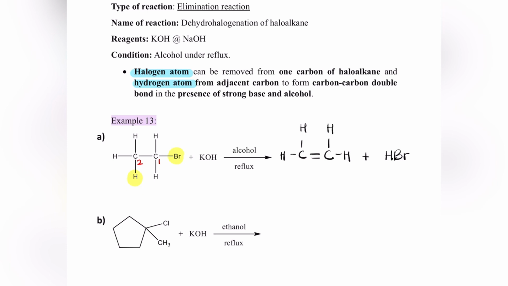And then next one, we have a cyclic form. If you realize, this halogen is located at this carbon, so let's say I give this one as first carbon, and then I give this one as second, third, fourth and fifth. If you take a look here, the carbons adjacent to the first carbon are carbon 2 and carbon 5.